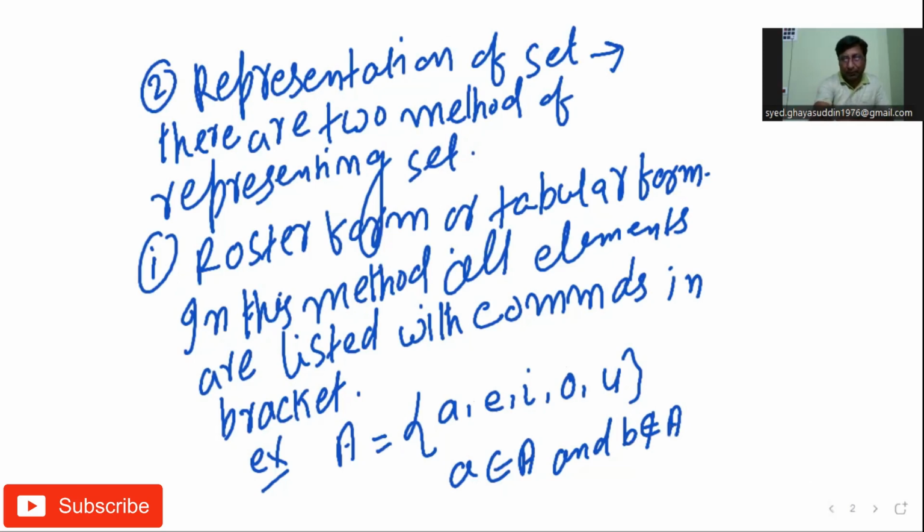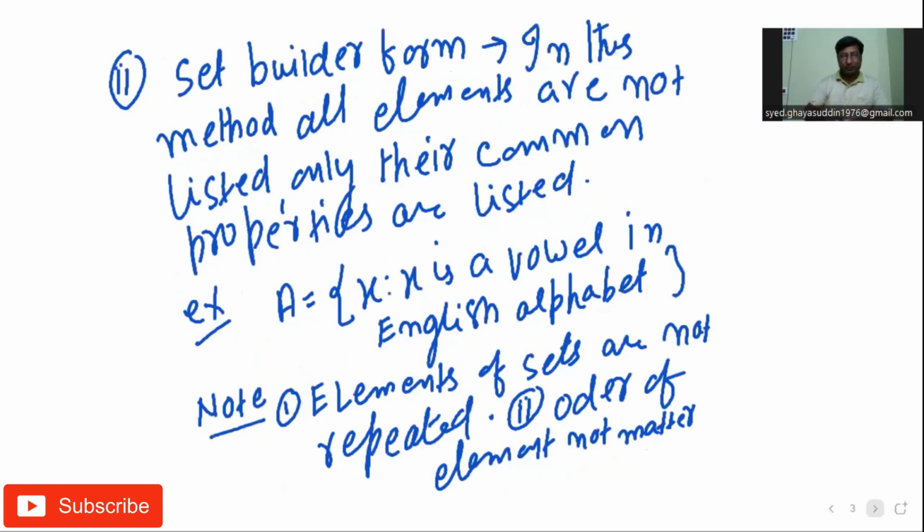Now come to the next point, that is set builder form. Set builder form is the second method of writing a set. In this method, all elements are not listed, only their common properties are listed. For example, set A equals {x such that x is a vowel in the English alphabet}.